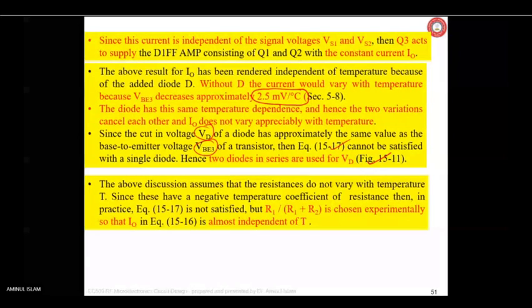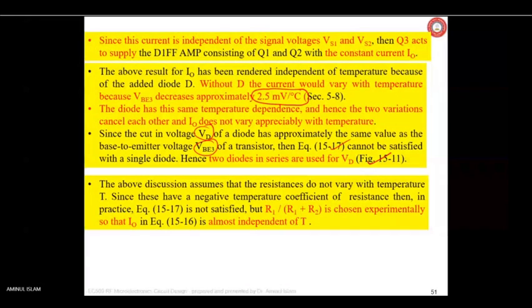The above discussion assumes that the resistances do not vary with temperature, but that is not true. Since these have a negative temperature coefficient of resistance, in practice equation 15-17 is not satisfied, but R1 by R1 plus R2 is chosen experimentally in such a way that IO is almost independent of temperature.